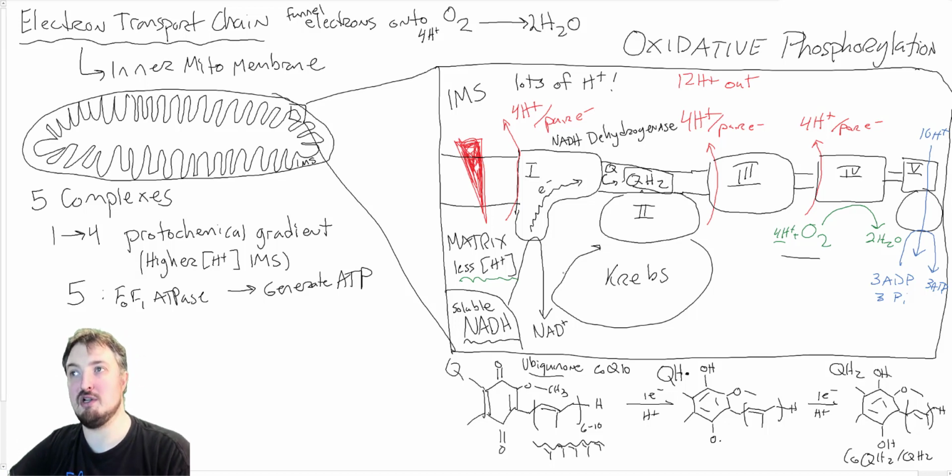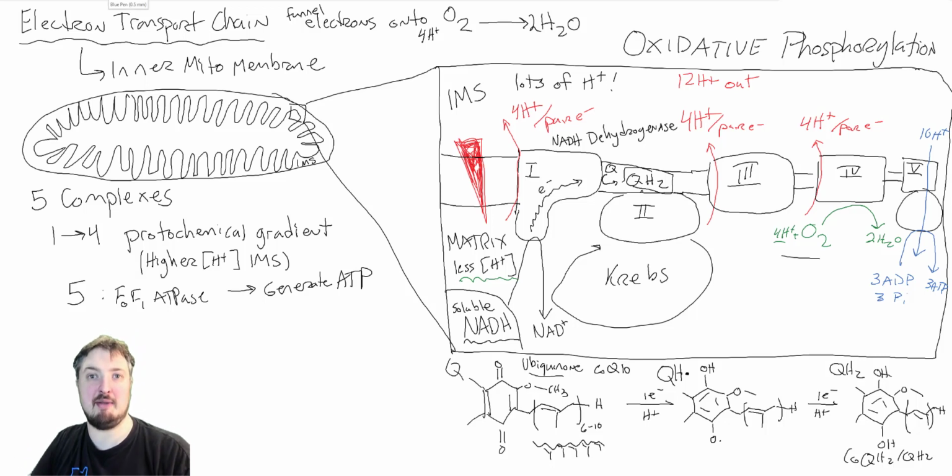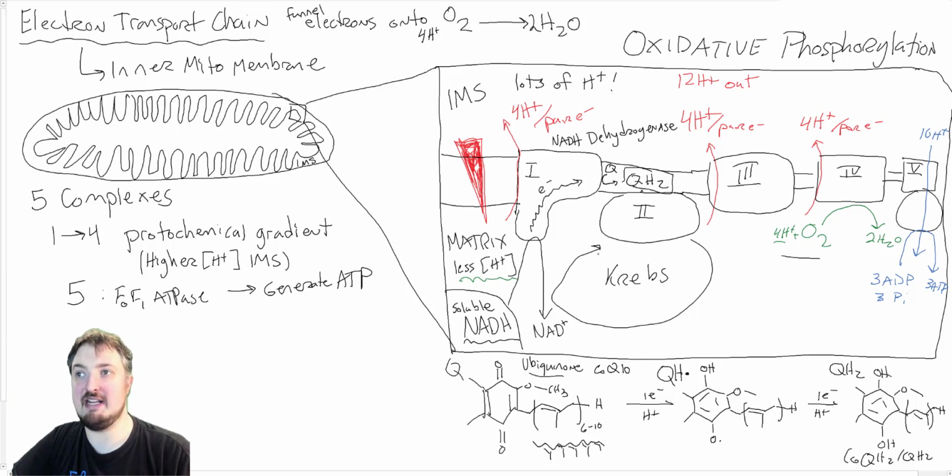And so QH2 is really important as an exchange rate because, essentially, it changes all these different cofactors like NADH or succinate, and eventually we're going to talk about fatty acids, into a common currency, right?